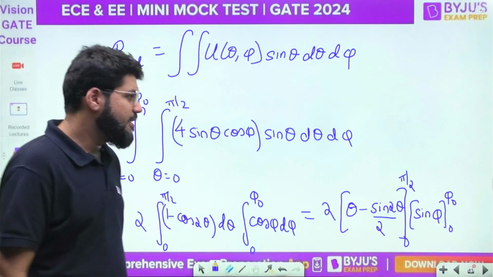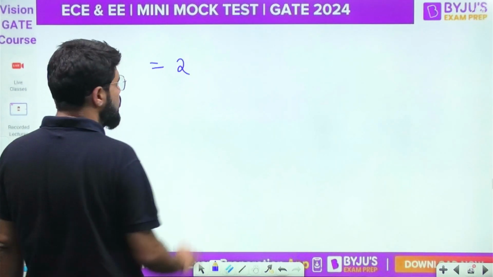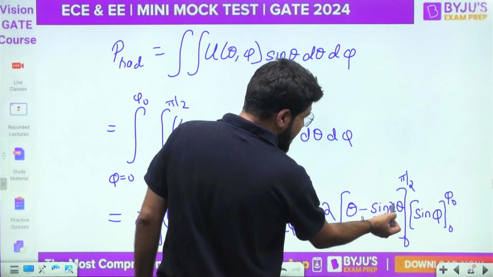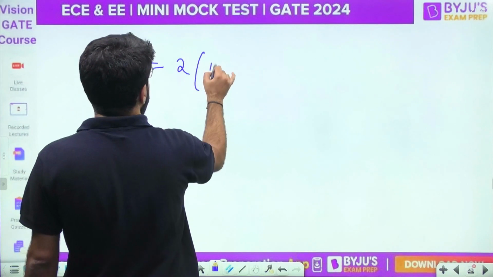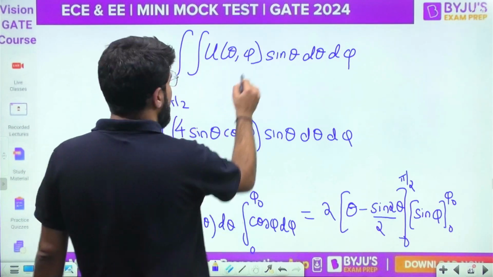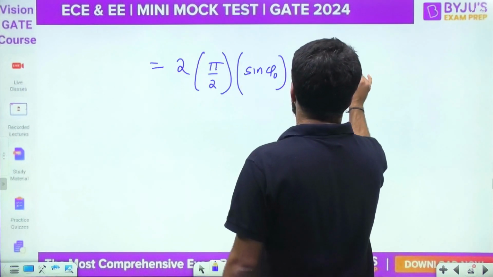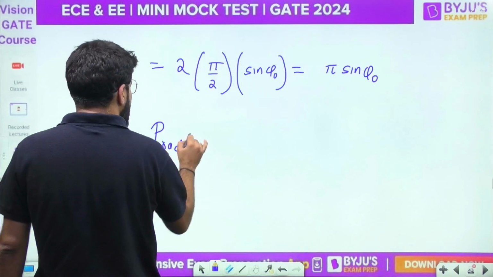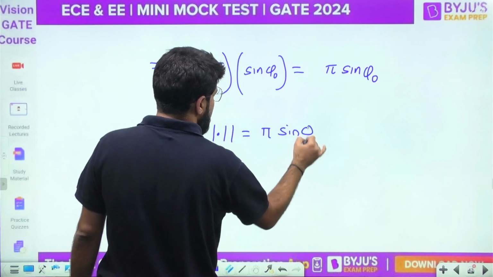So now this will be equal to 2. On the upper limit pi by 2, sin 2 times pi by 2 is sin pi, which is 0, and sin 0 is also 0, so the only term left is pi by 2. Now the integral of cos phi is sin phi, and with the upper limit sin phi naught and lower limit 0, this is pi sin phi naught. So the radiated power, which turned out to be 1.11, is pi sin phi naught.